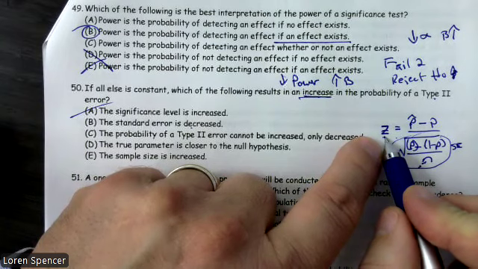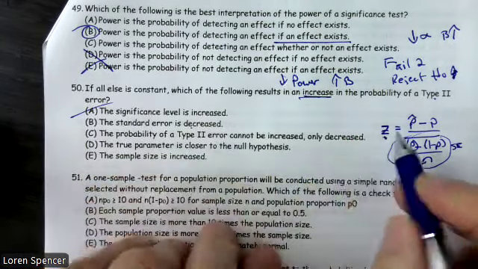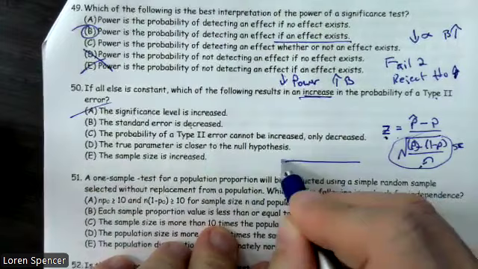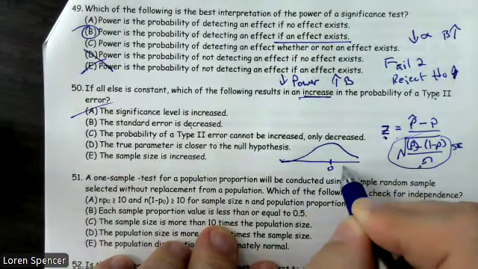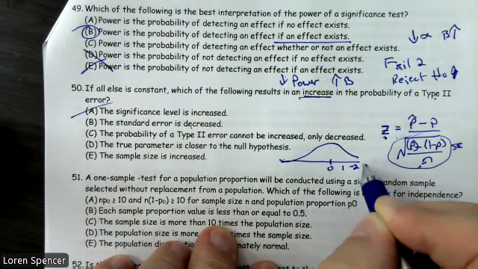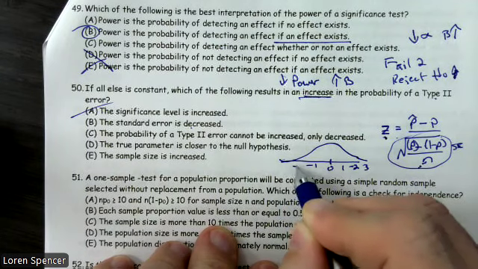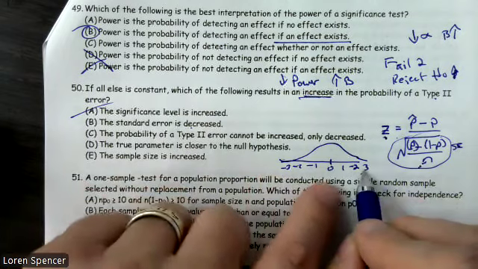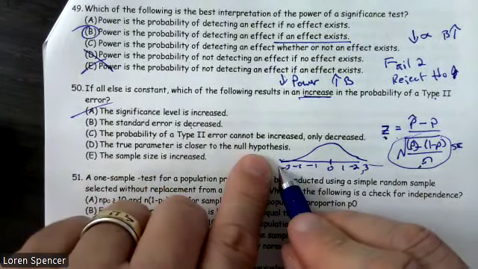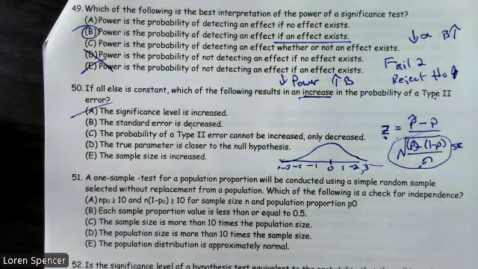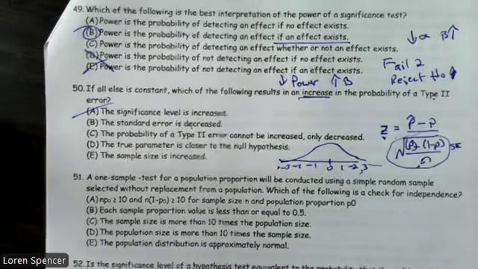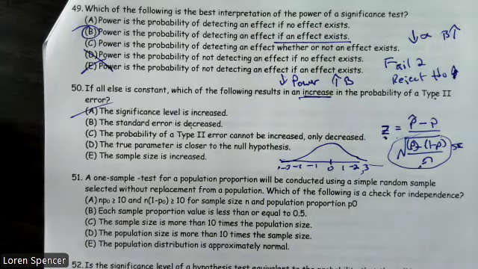As Z gets big, I'm more likely to reject. Why? Because if this is 0, 1, 2, 3, -1, -2, -3, if I'm going out into this tail or this tail, I'm more likely to reject. So the further I'm into the tails, the more likely I am to reject. So decreasing the standard error does make it easier to reject.